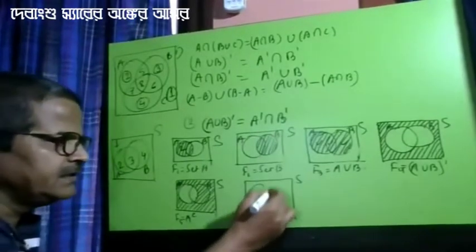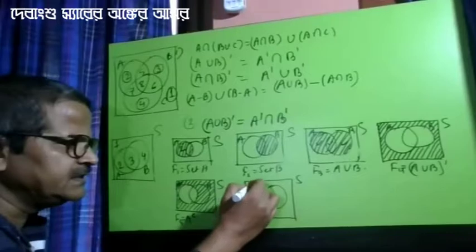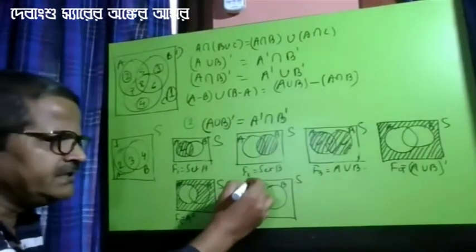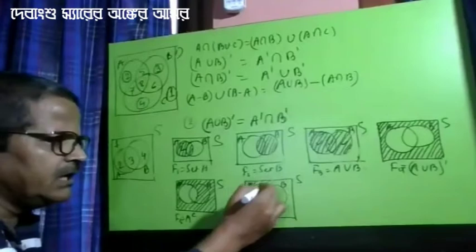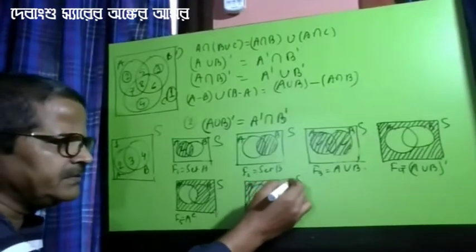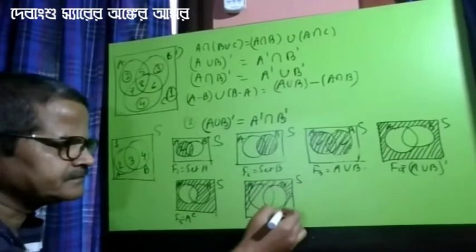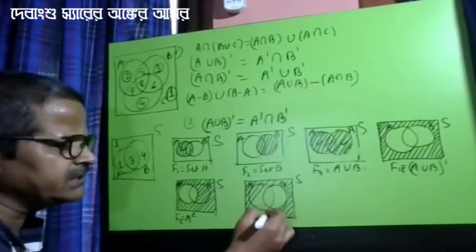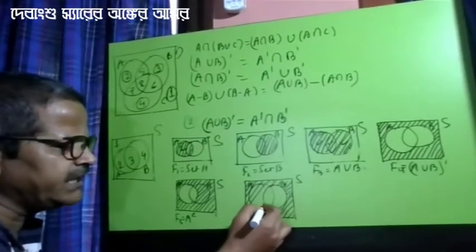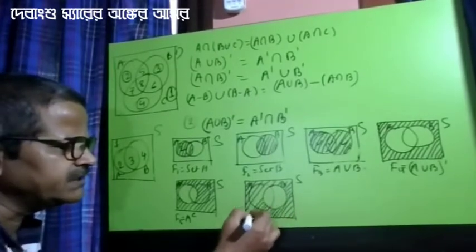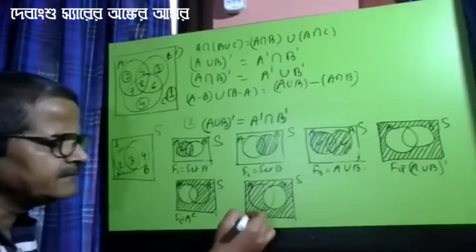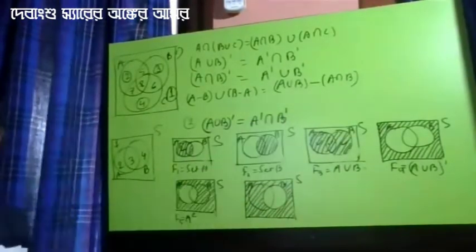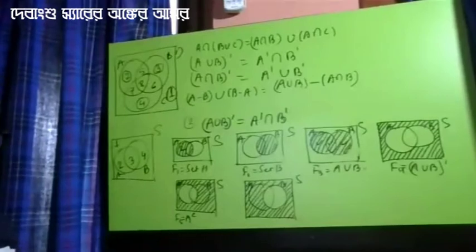This is A, this is B. B complement means outside B. So I draw B complement. Only hand drawing is enough; no scale or compass needed. Now I have to take the intersection of these two.